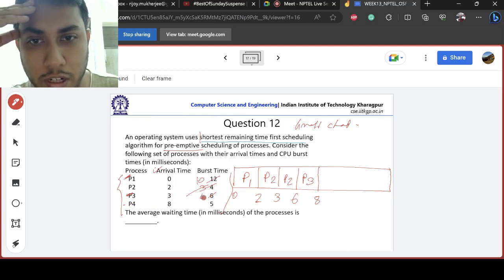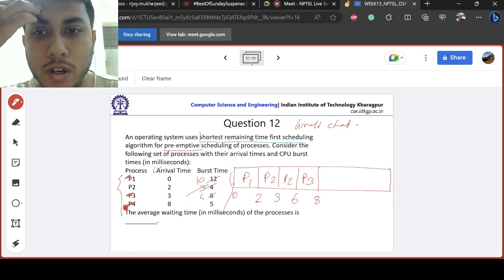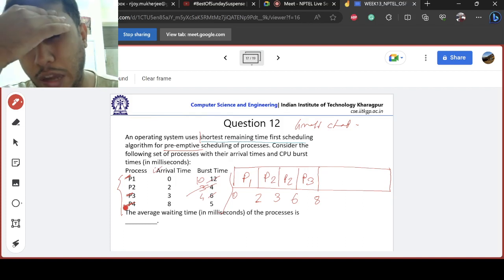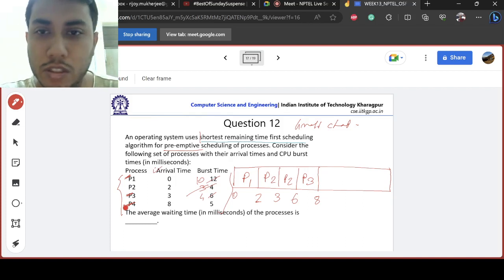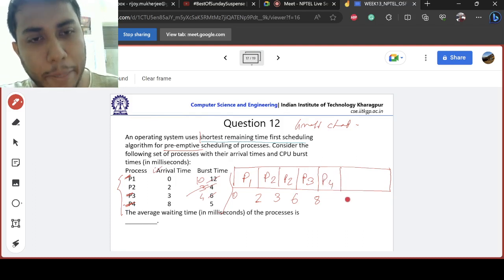So 4 remaining. Now there are three candidates: P1, P3, and P4. P3 requires 4, P4 requires 5, and P1 requires 10. Our concept is shortest remaining time, so P3 will be scheduled, and P3 will complete its 4 seconds.